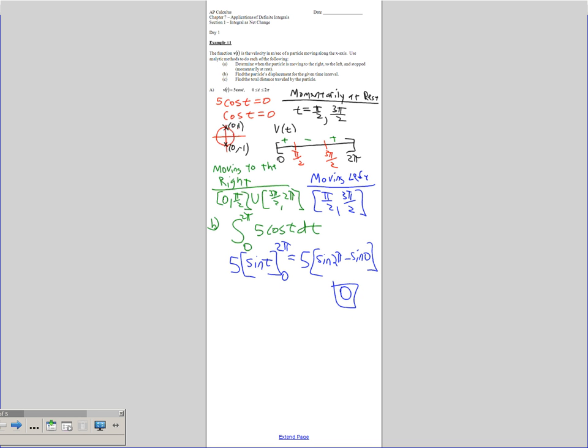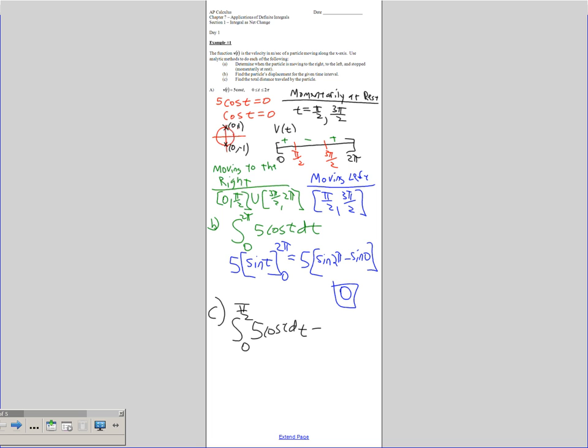Okay? In order to find the total distance traveled, I'll set up the integral here and then I'll work it out on the board for you. You have to set up the separate definite integrals. So it's going to be the definite integral from 0 to pi over 2 of the velocity function.